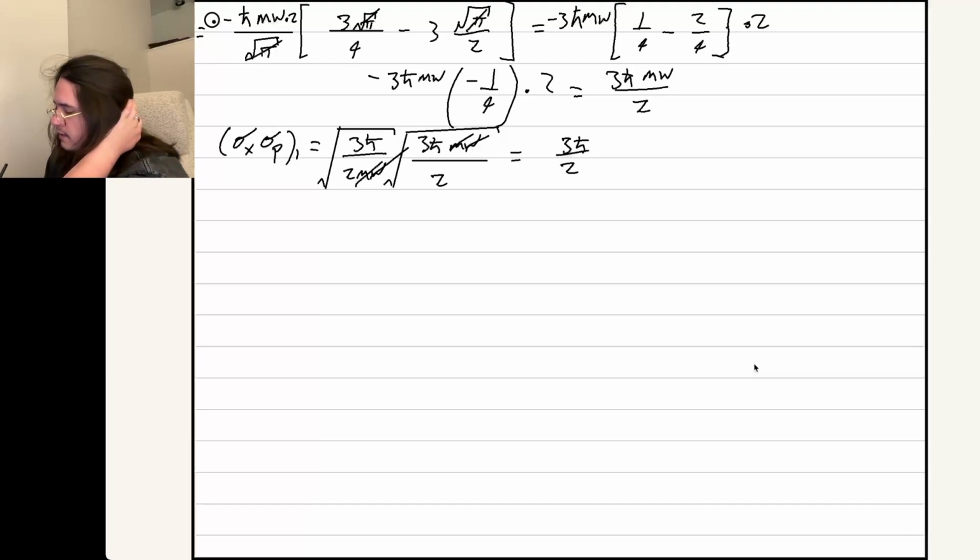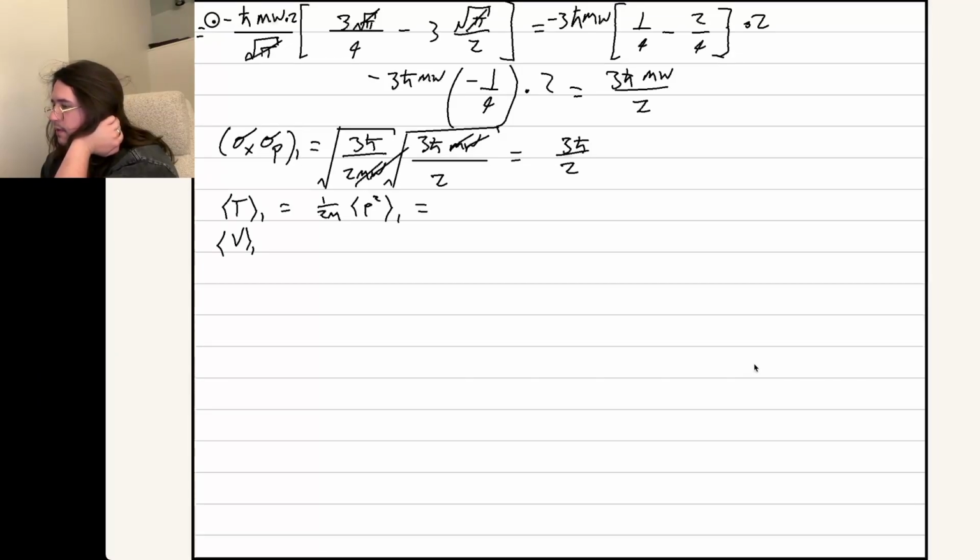We can look at the kinetic and potential energies using the same trick that we did before, 1 over 2m times the expectation value of p squared, which is going to be 1 over 2m times 3ħmω over 2. So it's 3ħω over 4, funky style.